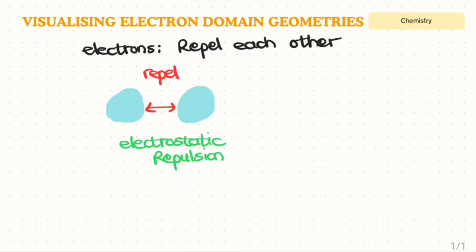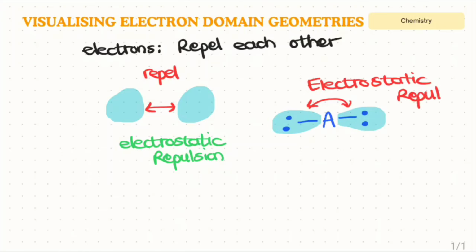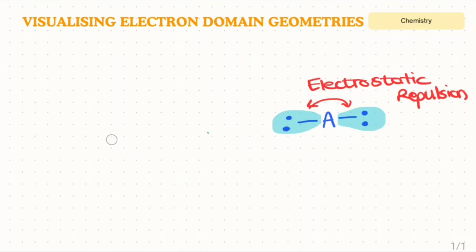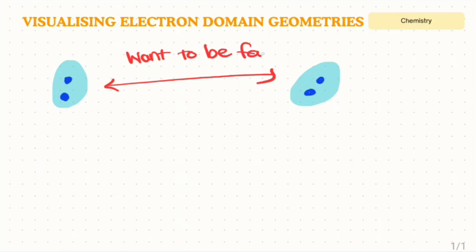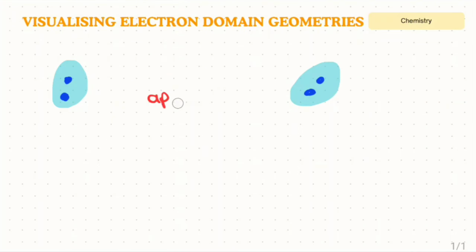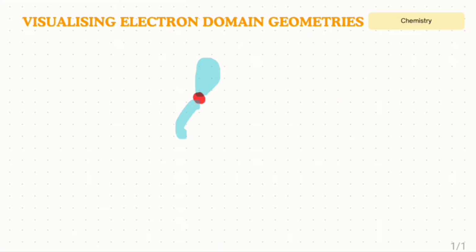So let's say there's an electron domain here and an electron domain here, and they are going to repel each other. If it was just electron domains not attached to anything, they would not want to be close to each other. But if we have to connect them to a single point, like the central atom, they would be forced to be close to each other. But they would orient themselves in a way that minimizes the electrostatic repulsion, so they will want to be as far away from each other as possible.